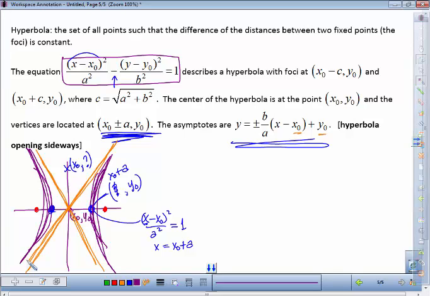Okay? So you might have known how to find these, maybe not necessarily these lines, but you might know how to find these asymptotes from before. Any ideas? From pre-calculus maybe?